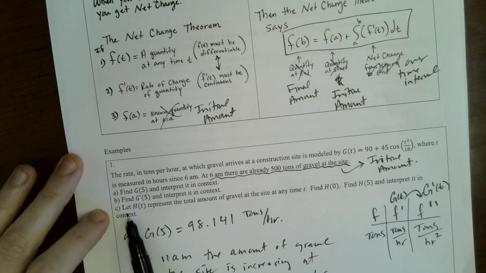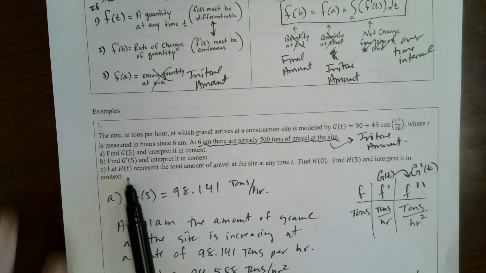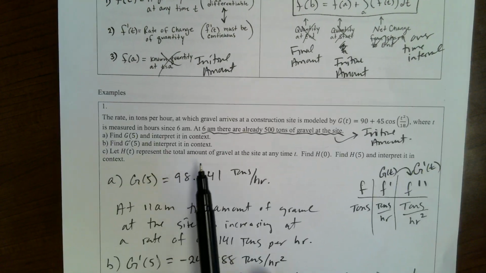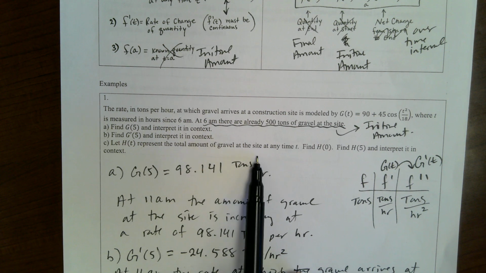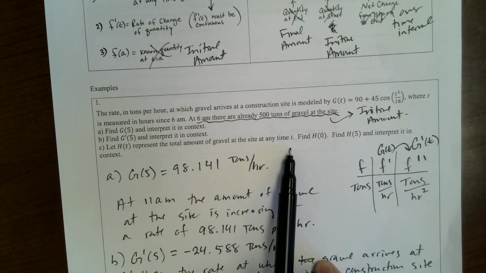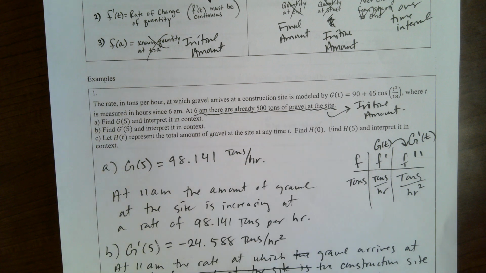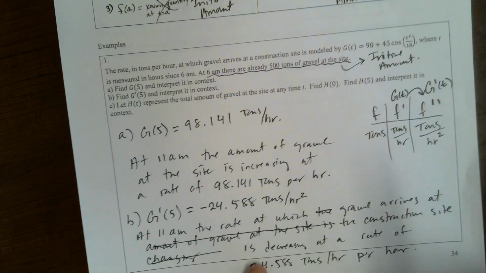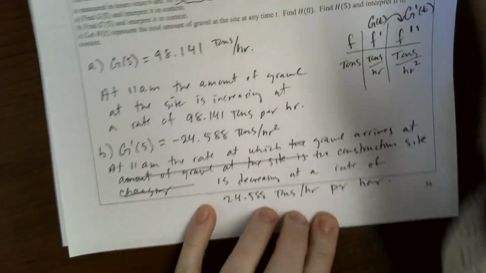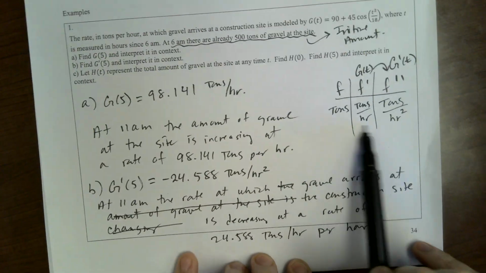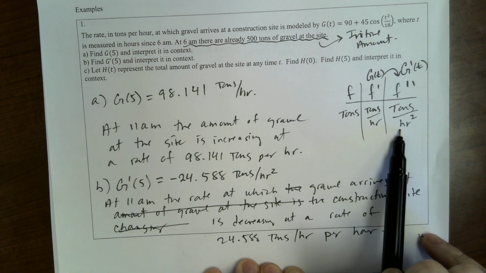Okay, now C. Let H of T represent the total amount of gravel at the site at any time T. Okay, and then we're going to find H of 0 and H of 5. So if you're thinking about the derivative sequence, where does H fall?